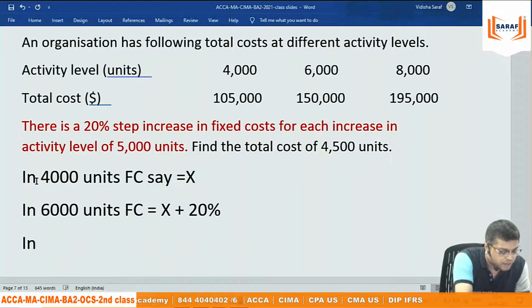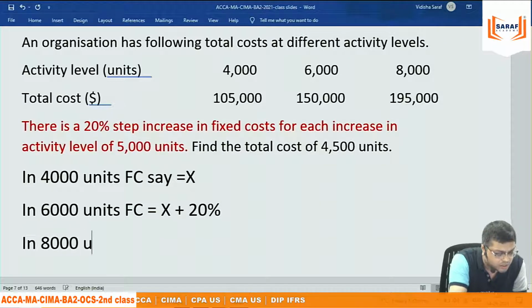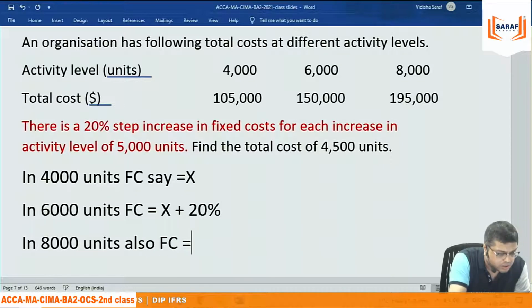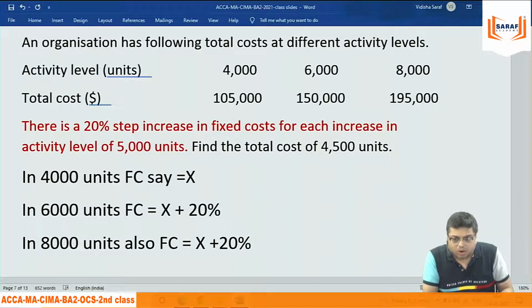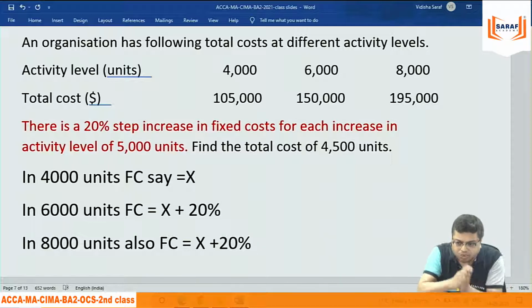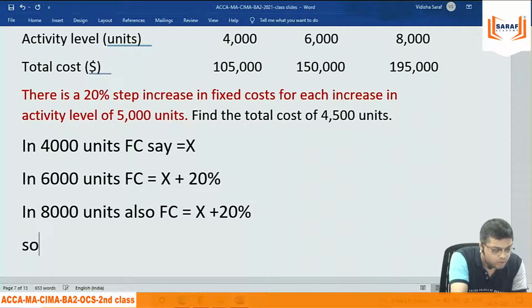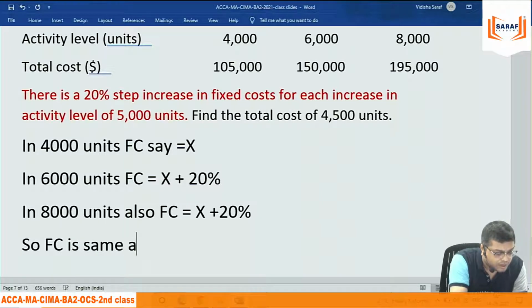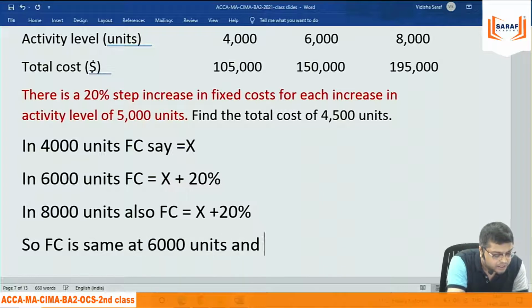In 8,000 units also, fixed cost equals X plus 20%. It is not more because 6,000 and 8,000 come in the slab of 5,000 to 10,000 units. So fixed cost is the same at 6,000 units and 8,000 units.